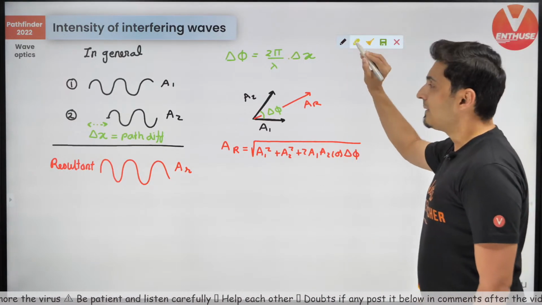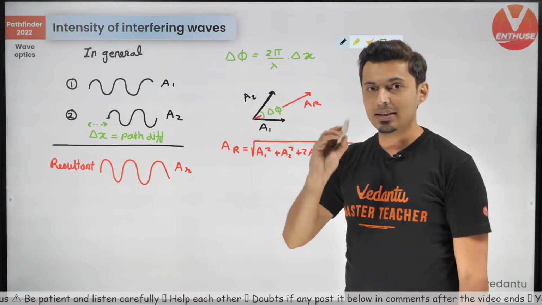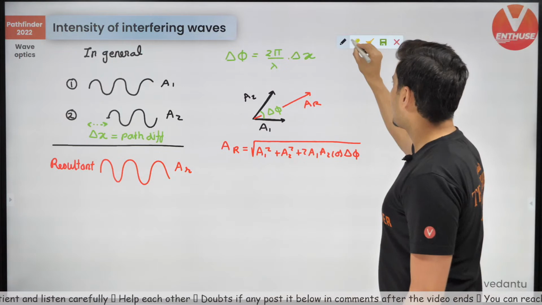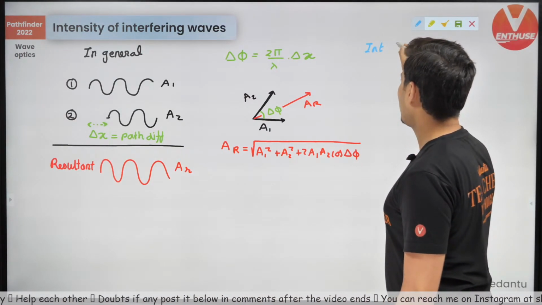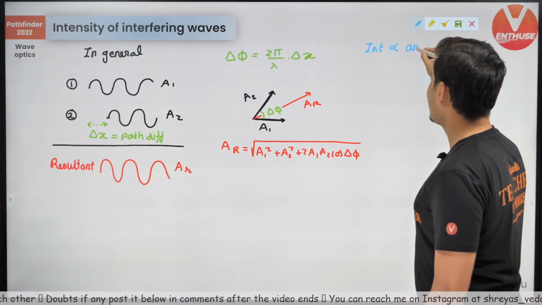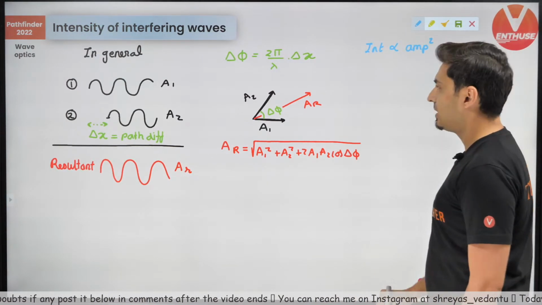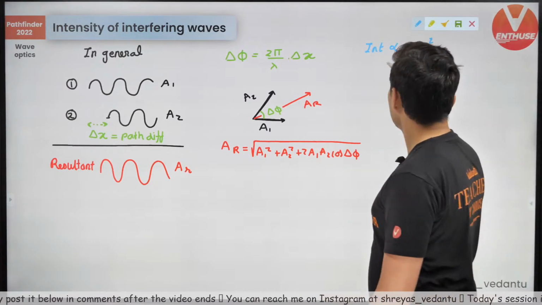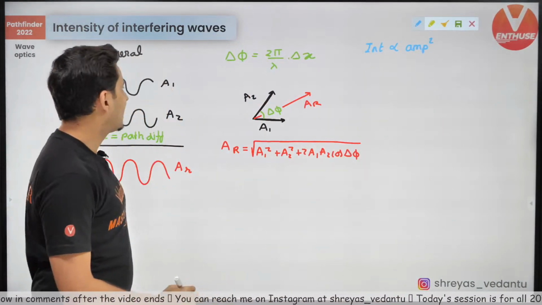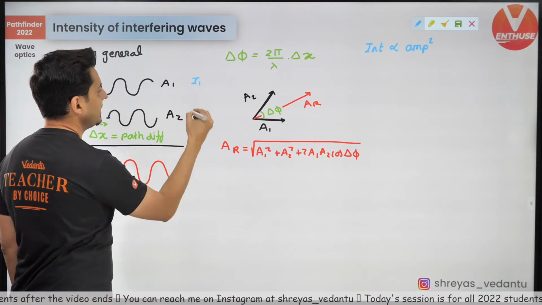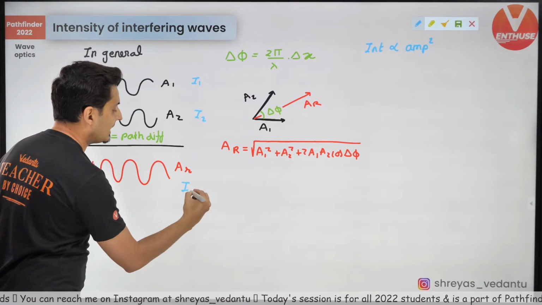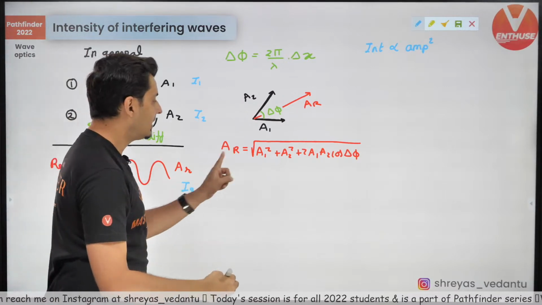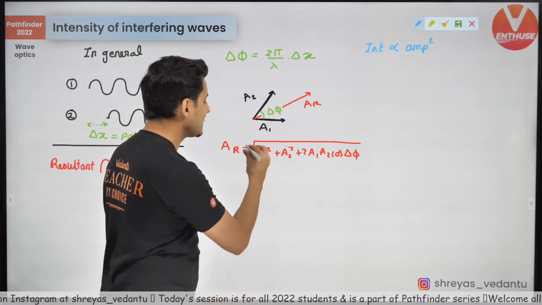Now, there is something which is also related to intensities which you must know. Everybody knows this fact that intensity, I have told this again and again, is always proportional to the square of the amplitude. Hence, if this wave has intensity I1, this wave has intensity I2, and this resultant wave has intensity IR, then the intensity formula is given in a very similar form.